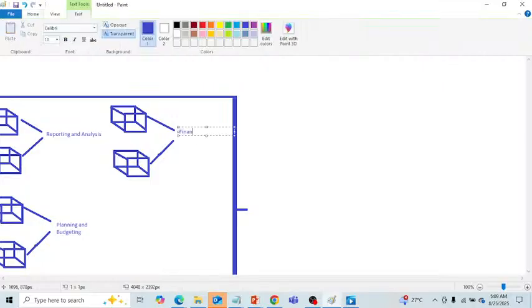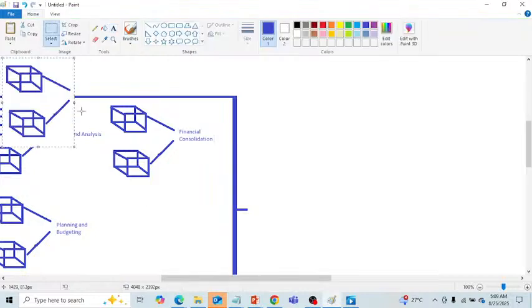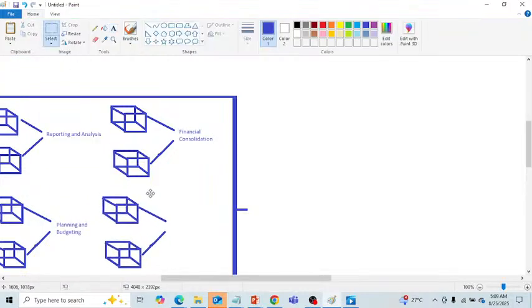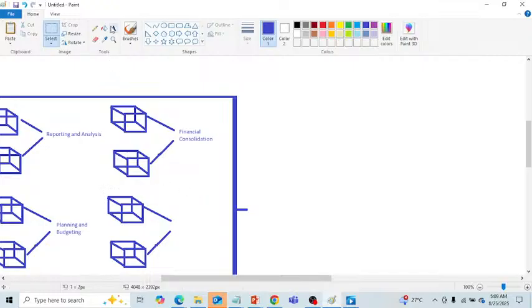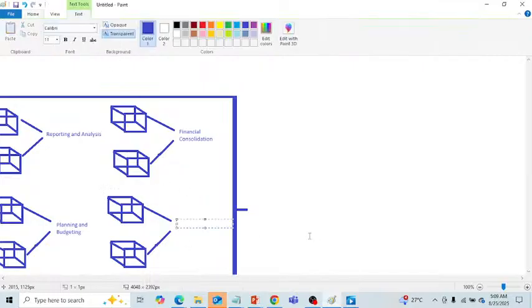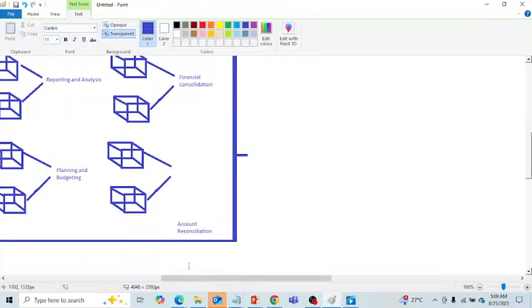So let me write it: financial consolidation for the organization, that we have earlier discussed. We also have the same product for the ARCS, that is account reconciliation. For that we have account reconciliation.